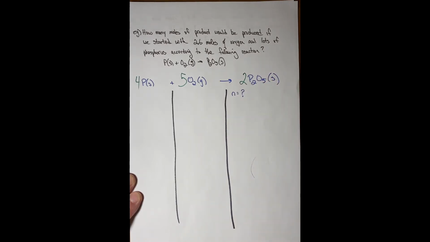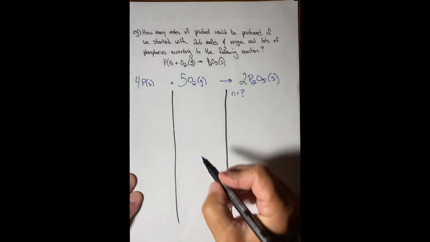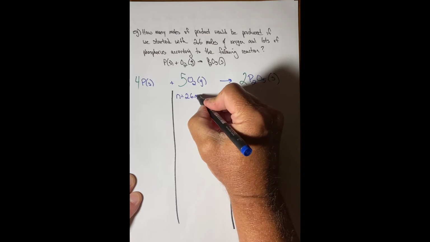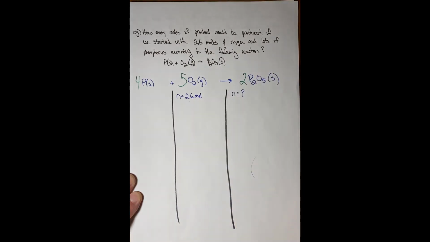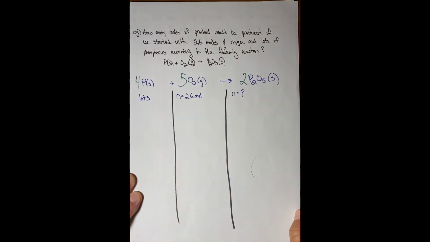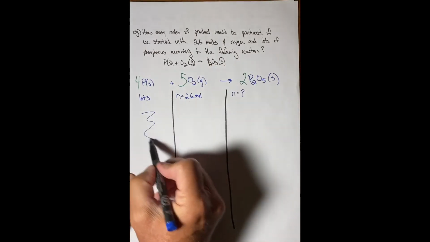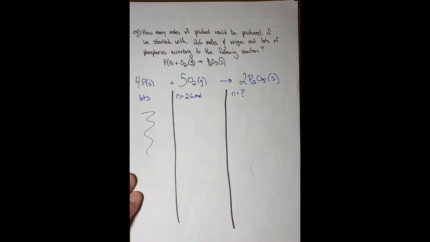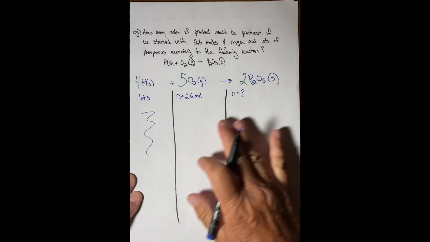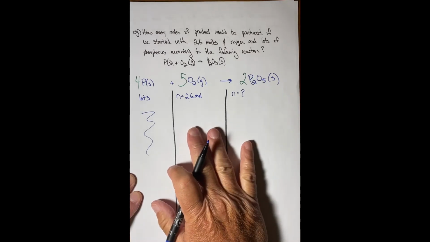And I'm telling you we are starting with 2.6 moles of oxygen, which is little n for oxygen, 2.6 moles. And then I'm also telling you that we have lots of phosphorus, so I'm putting that there. That basically means that I'm not running out of phosphorus, okay? How much P2O5 I produce is strictly going to be based on my oxygen.